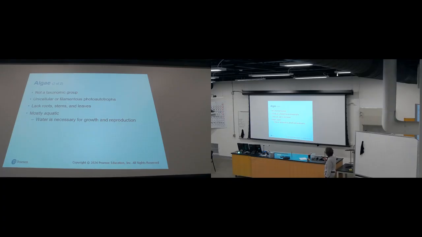And these filaments are photoautotrophs, so they use CO2 and light to produce energy. They don't have roots, stems, and leaves. Most of them live in aquatic environments, and when they don't, they typically form symbiosis with the fungi to form these lichens, and water is necessary for growth and reproduction of algae.